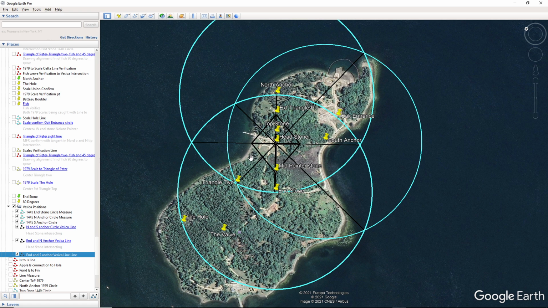And it didn't make much of a difference that this was changed from 1440 to 1445. It makes more sense mathematically with Nolan's cross and its configuration.